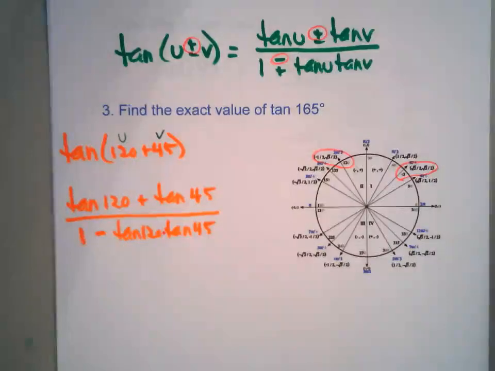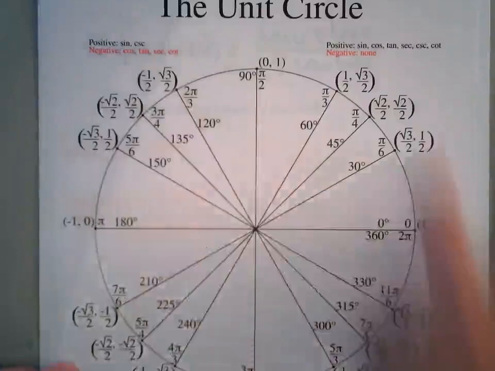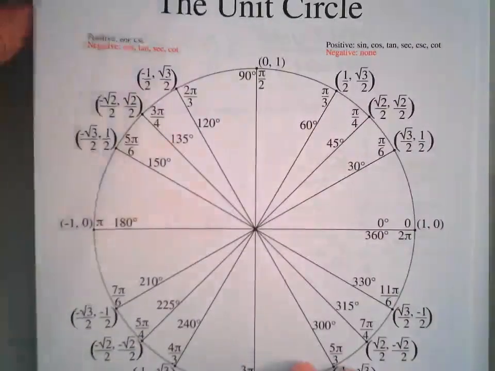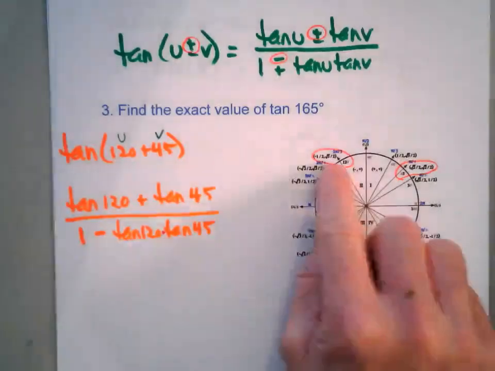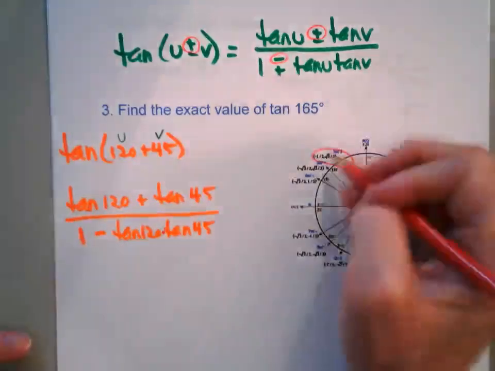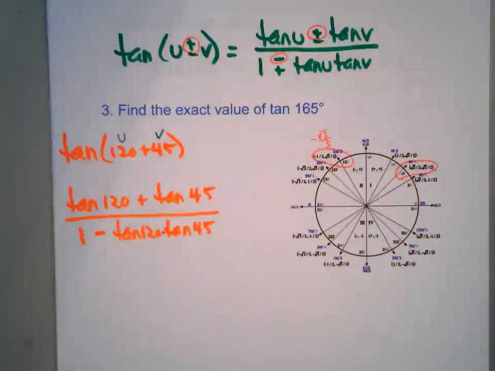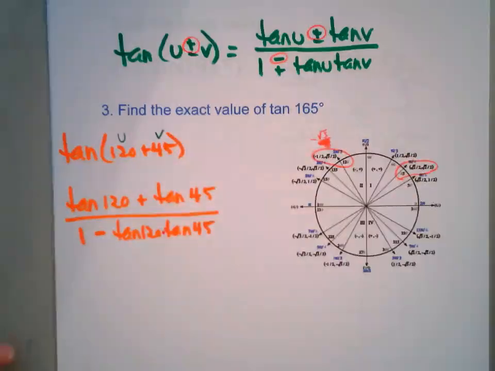Now, if you guys have your unit circle in your notebook, you probably have the tangents written around the outside, like we talked about earlier in the semester. See how convenient they're gonna help you out now, right? So the tangent of 120 is negative square root 3 over 3. That is not right, coach. How about just negative square root of 3?